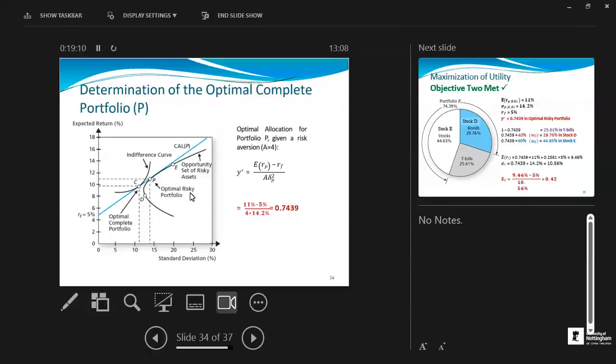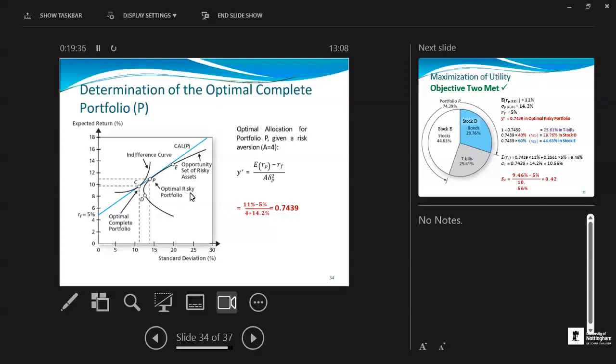So all you have to do is draw an indifference curve. And the point where your indifference curve touches this capital allocation line is the portfolio that you should hold, because that will give you the highest possible utility, taking into account your individual risk preferences.